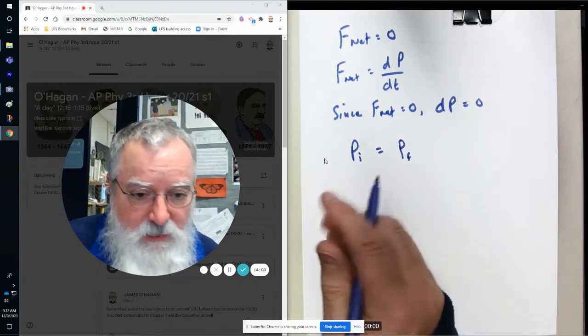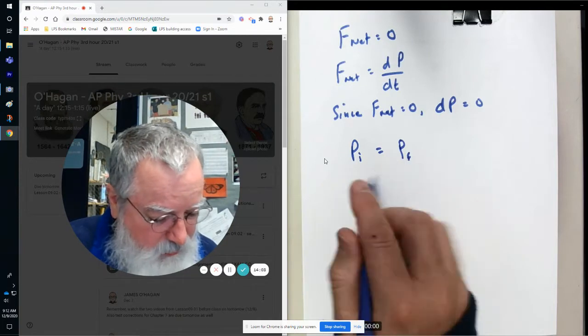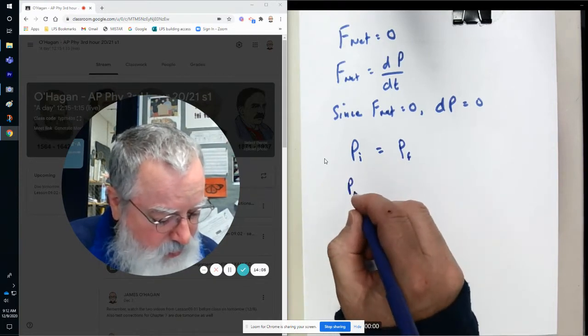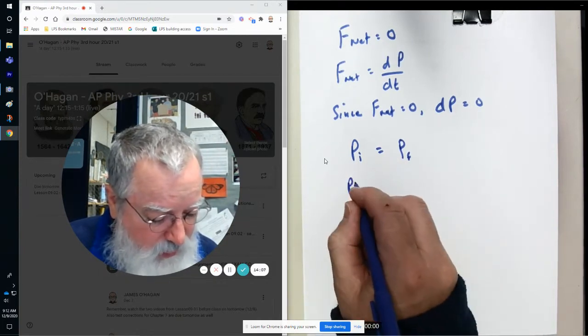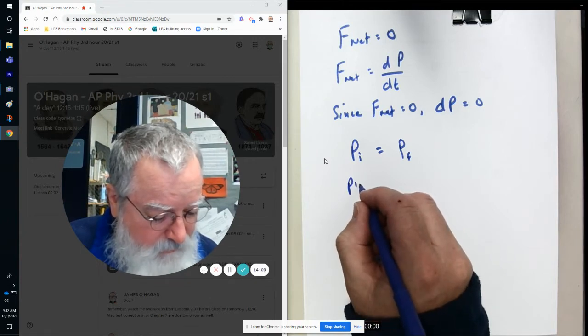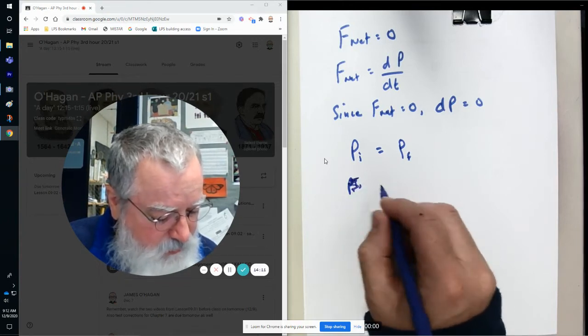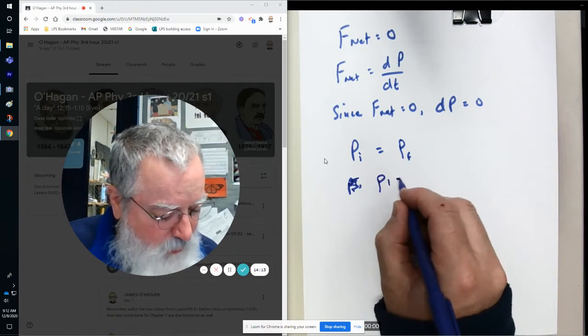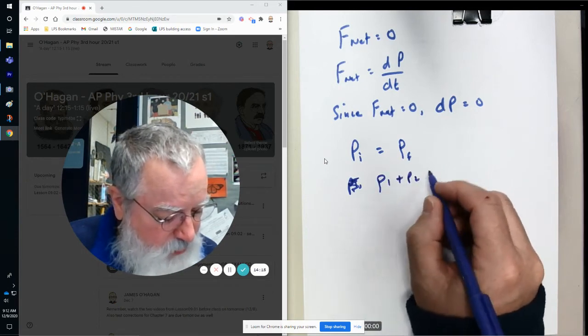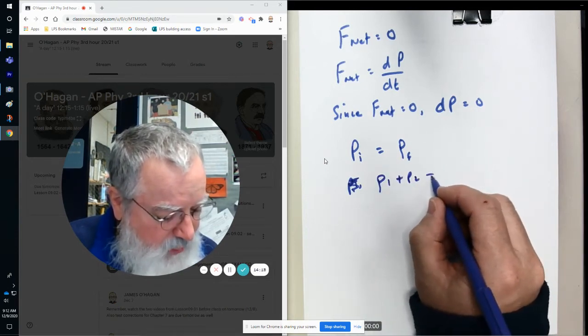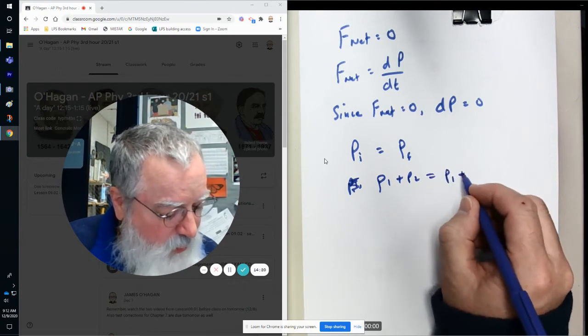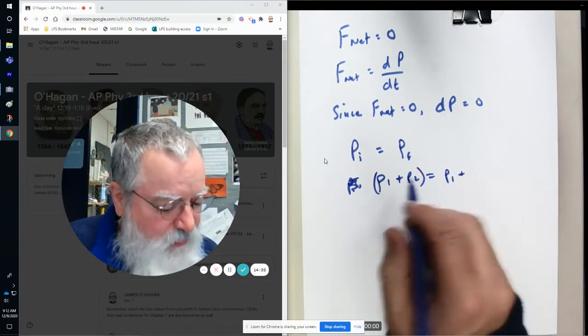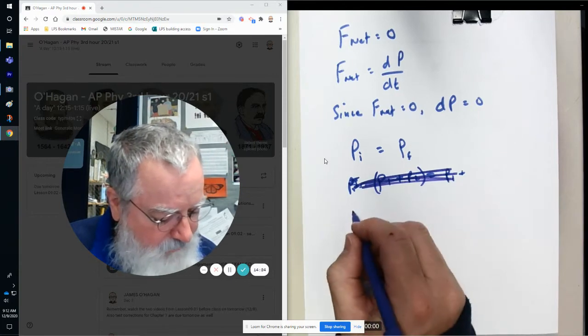You want to expand this out to actual letters. So momentum, now I'm going to use lowercase. Momentum of object 1 plus momentum of object 2 equals momentum of object 1. Oh, I screwed this up again. Let me start this again down here.